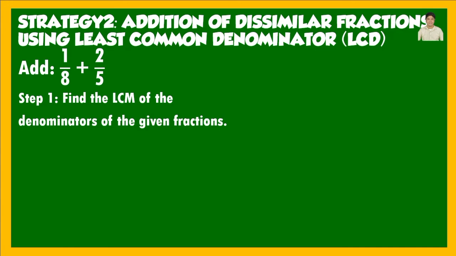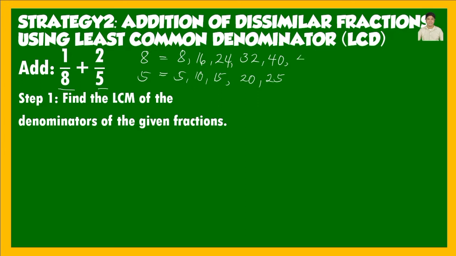Okay, so, yung denominators natin 8 and 5, pwede nating ilista yung kanilang mga multiples. So, 8, 16, 24, 32, 40. Next, for 5 naman, we have 5, 10, 15, 20, 25. So, as you can see, wala pa rin po tayong nakikitang LCM. Tuloy po tayo dito sa 40.